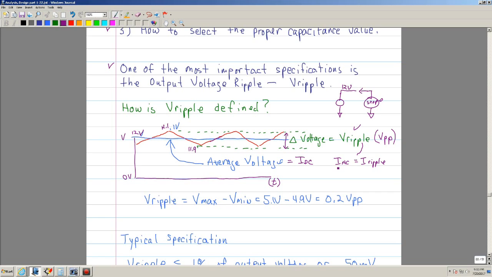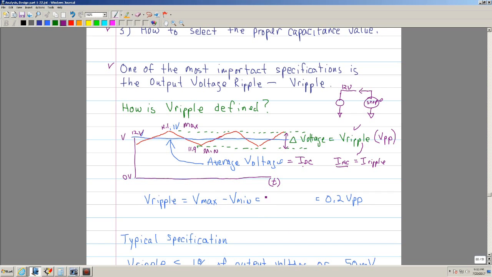You can think of it as the AC component, and this average is the DC. By definition, the ripple in this case is going to be the difference between the peak or the maximum, and this would be the min.